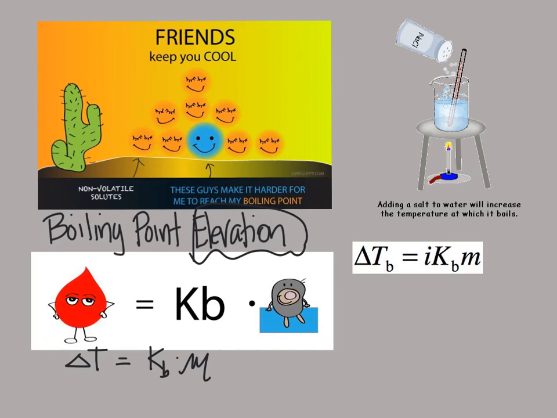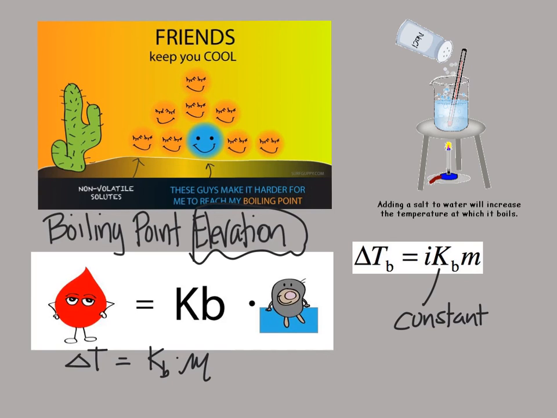And the K is a constant, which will be listed for you or given in the text. And you are then going to either find perhaps the change in temperature, or if you know what the normal boiling point is, you can add the original temperature to the change value, and that will tell you what the new boiling point is.